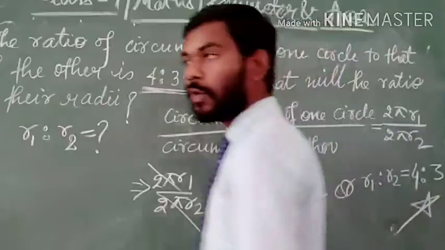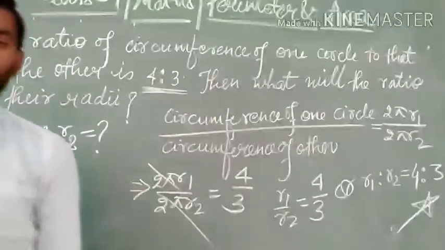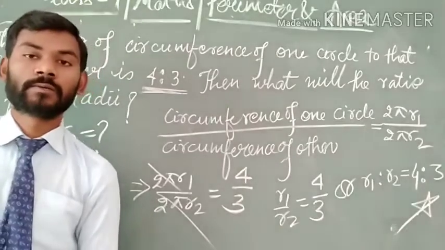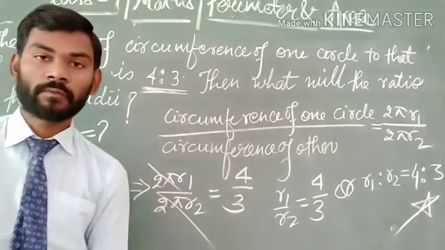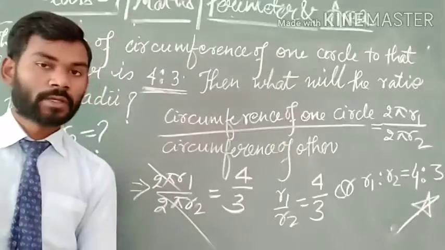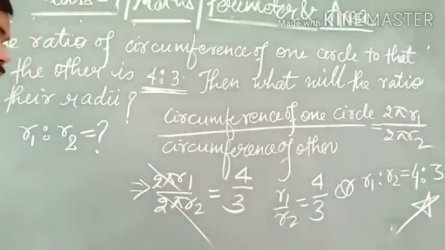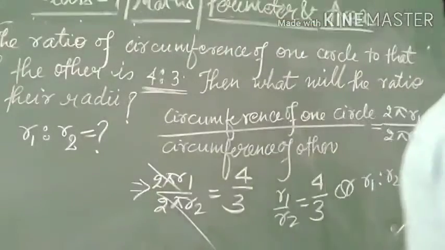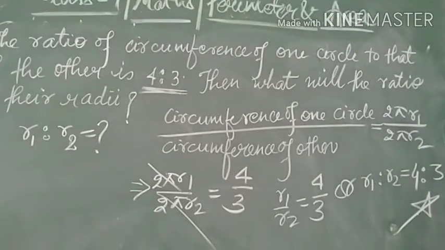Therefore, 4:3 is the required ratio between the radii of the circles. So 4:3 is the correct answer.